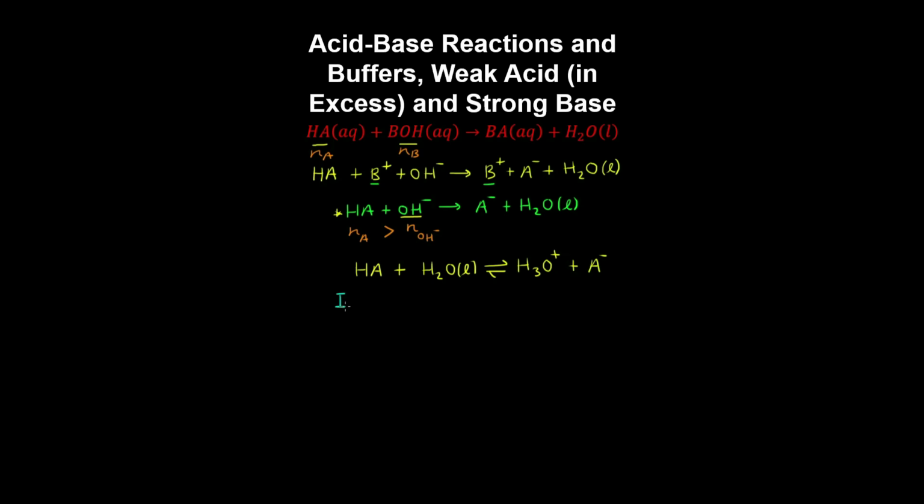And here you'll construct an ice table, and you'll determine the concentration of the weak acid and weak base in a solution from the neutralization reaction, which you start off with here.